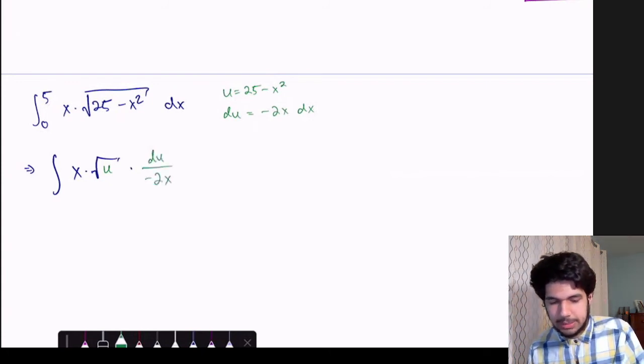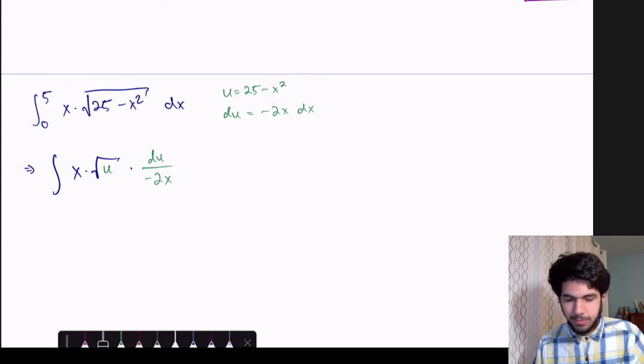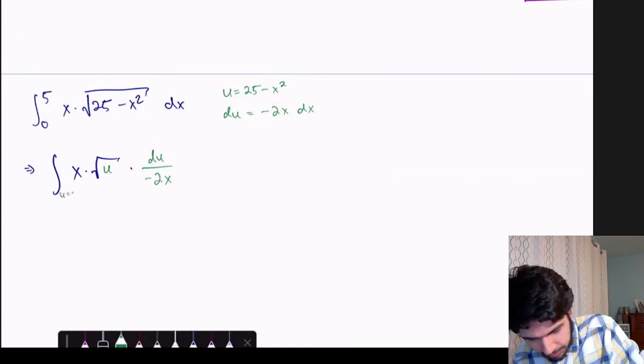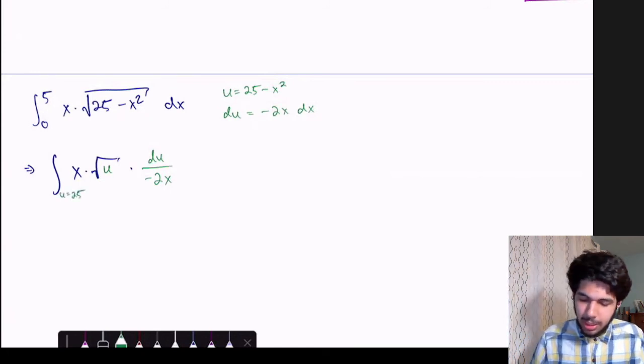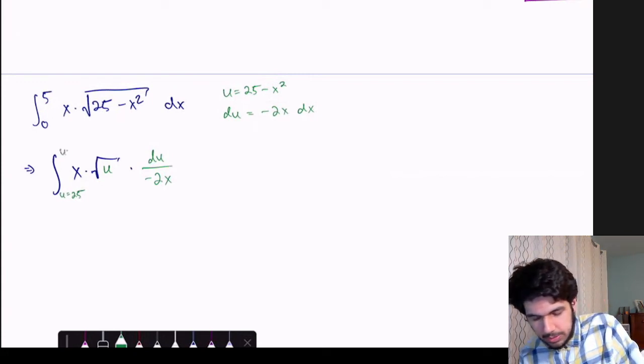Let's take care of the limits now. So if we put in a 0 for x here, we get 25 minus 0 squared, which is equal to 25. So our bottom limit is u equals 25. Our top limit, when x equals 5, u equals 0. So that's our top limit.